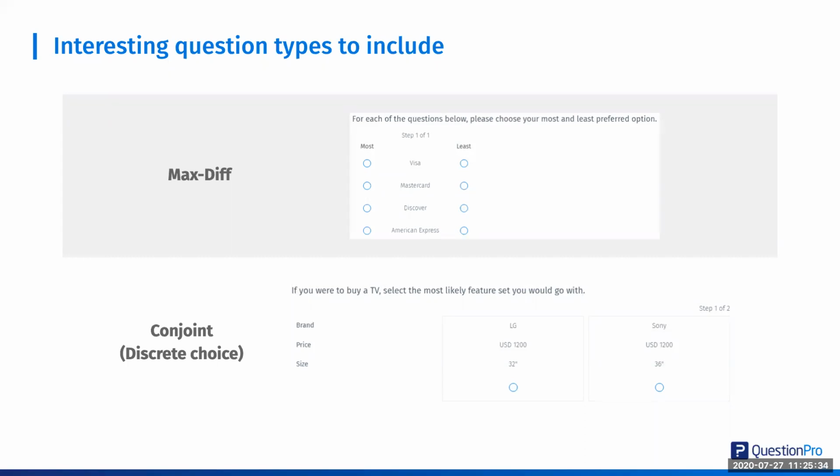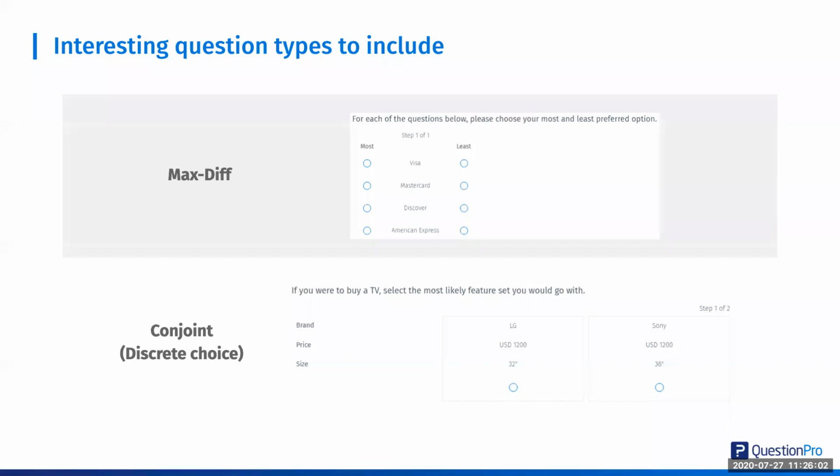Another one is discrete choice conjoint. So if you're doing any sort of product research or packaging, and you want to see what should go inside a particular product, in terms of maybe the brand, the price, the size, say this is all around TVs, and you want to see which profile makes up the best possible option for your product, you can use discrete choice conjoint to do that.